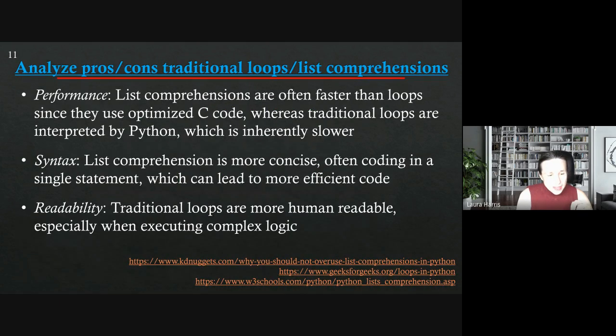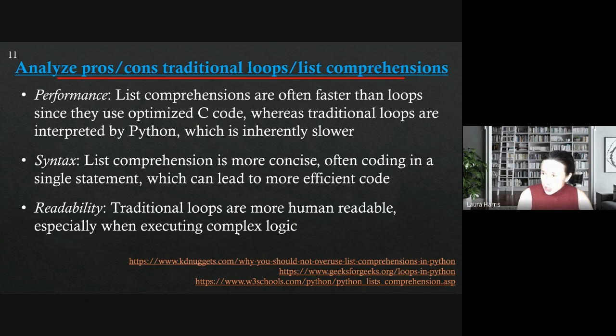So now that we have discussed, or I should say applied, 3 tasks using both for loops and list comprehension, let's analyze the pros and cons of traditional loops versus list comprehensions. There's 3 criteria I'd like to discuss here. The first is performance, or speed, of the algorithm.